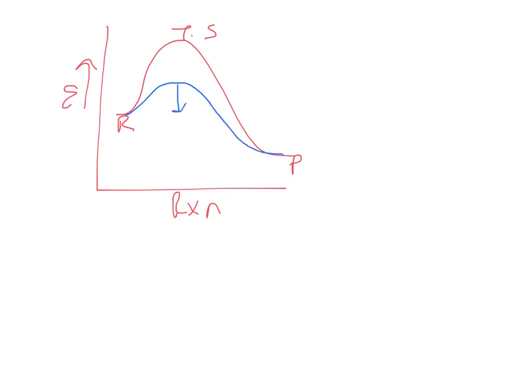So your activation barrier from here is much less as compared to what it was for the red curve. So that's what I mean by the lowering of the activation barrier. In this case, the reaction will occur much smoother, much faster, because the activation barrier has been met.